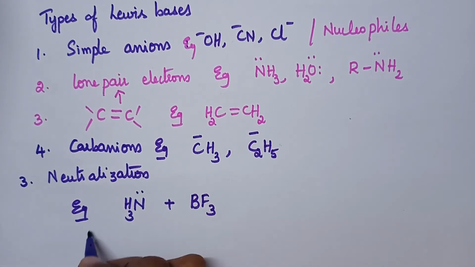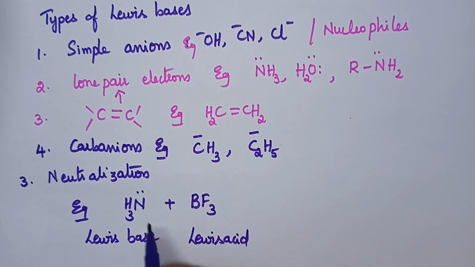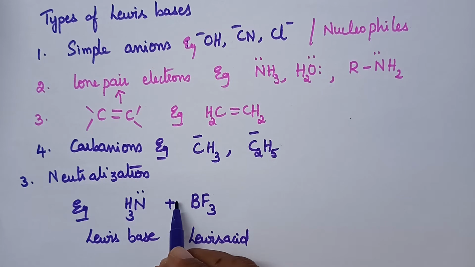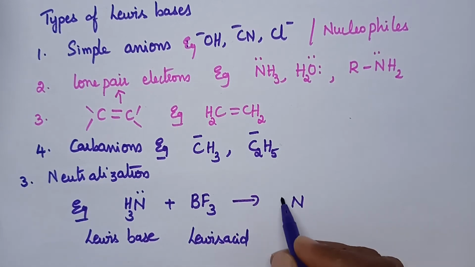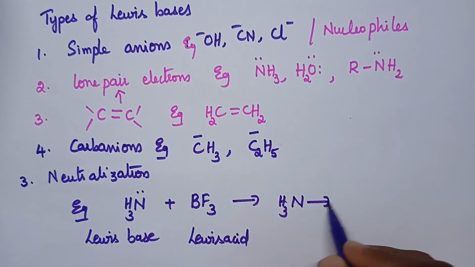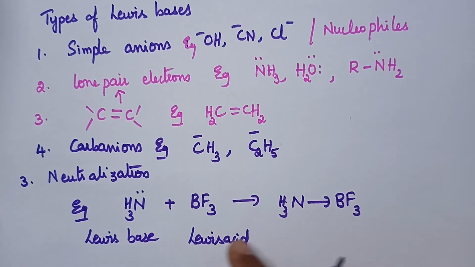So ammonia is a Lewis base, whereas boron trifluoride is a Lewis acid. Ammonia donates a pair of electrons to the boron trifluoride, which results in the formation of a coordination covalent bond between the ammonia and boron trifluoride. So it is a good example of a Lewis acid base neutralization reaction.